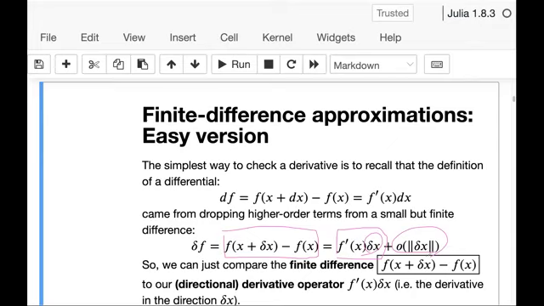And Alan has done a whole bunch of examples of this sort in the notebooks so far, but I want to dig into this in a little more detail. So this is a finite difference approximation for the change in the output.